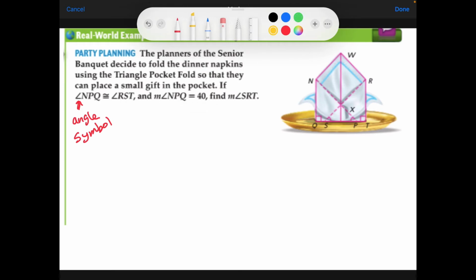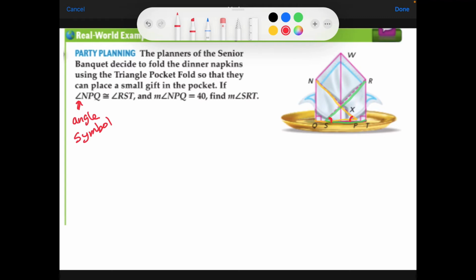Let me trace angle NPQ. So it says angle NPQ is congruent to angle RST. And it shows us that in the picture by having these arcs. So those two angles are congruent.